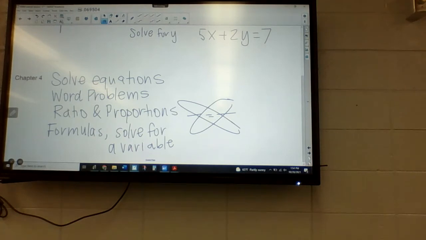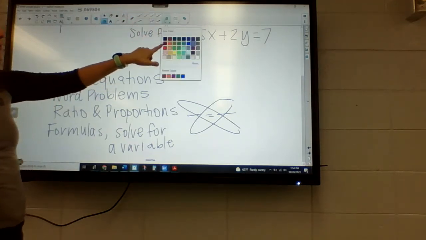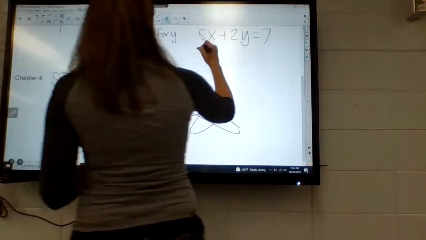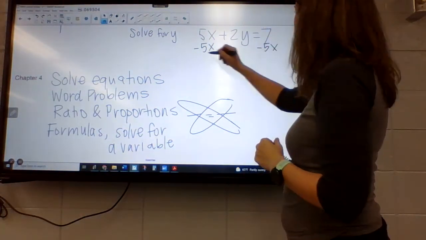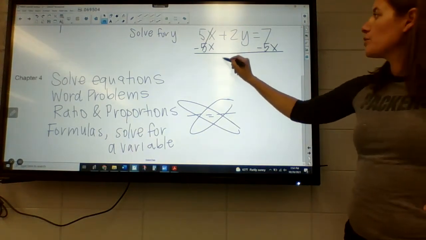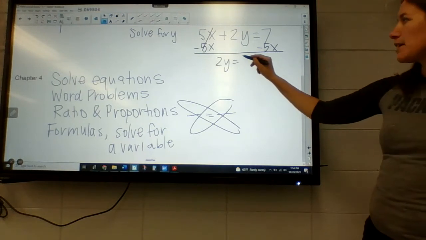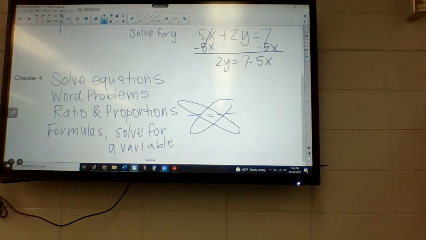What do you think, Clayton? First I'll get rid of the x. How would you get rid of x? Yep, so we move that 5x over to the other side. So I'd be left with 2y. Now these two aren't like terms, so I would leave them separate. You can write 7 minus 5x, or you can write negative 5x plus 7.